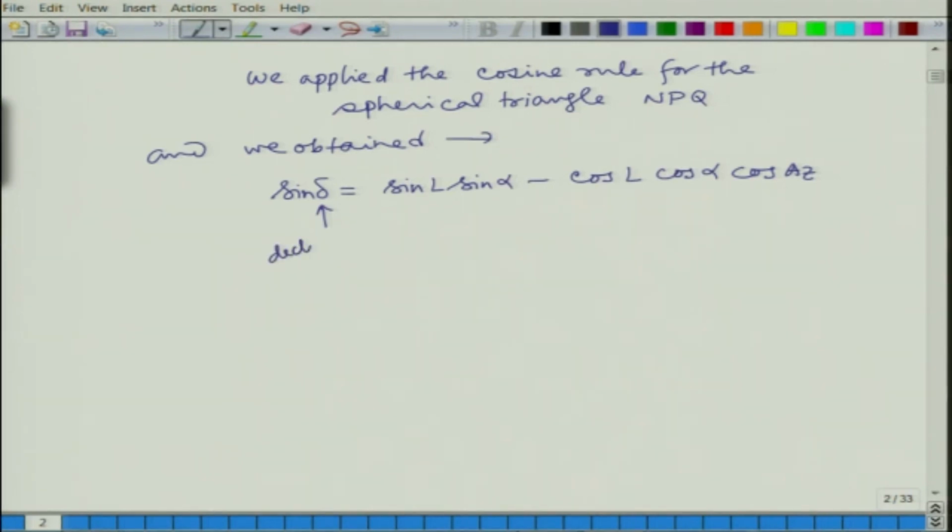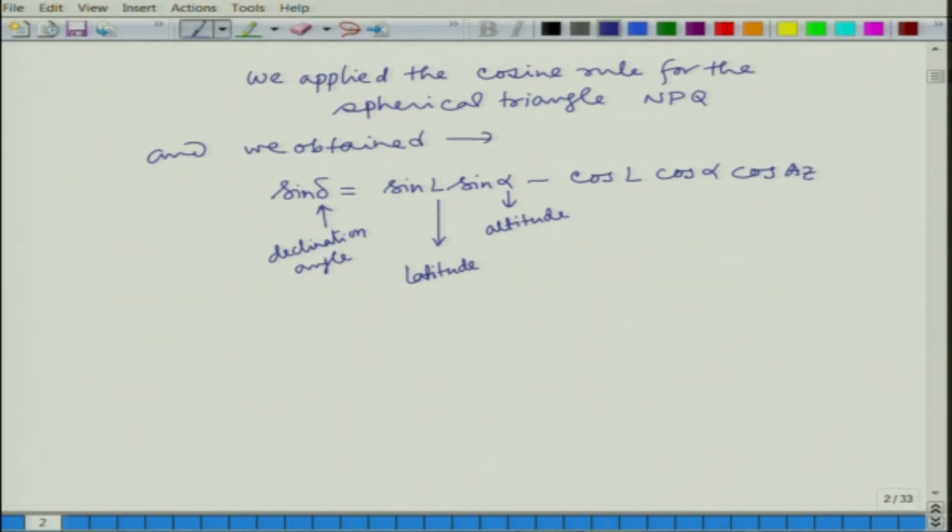This is the declination angle, this is latitude, this is altitude. Here you see that we have taken a lot of care in choosing these letter designations, like declination is delta, it makes sense, right.